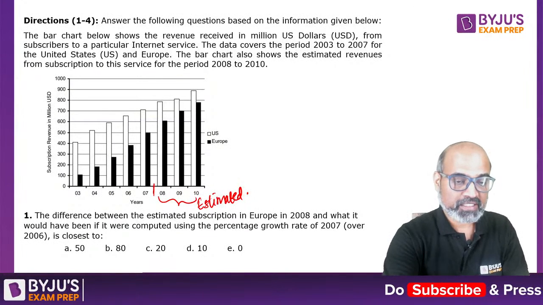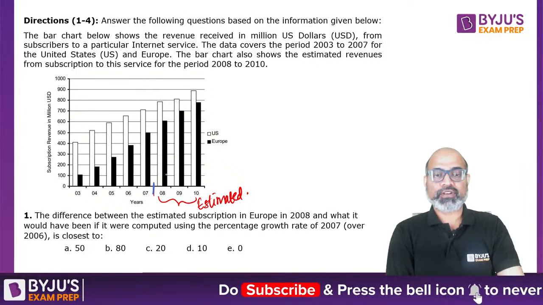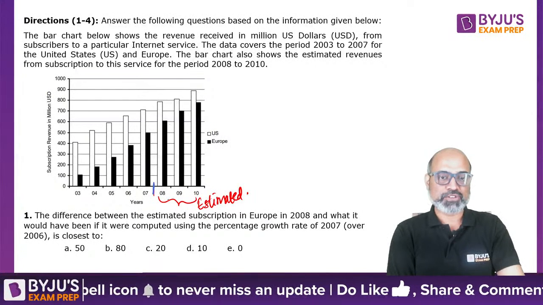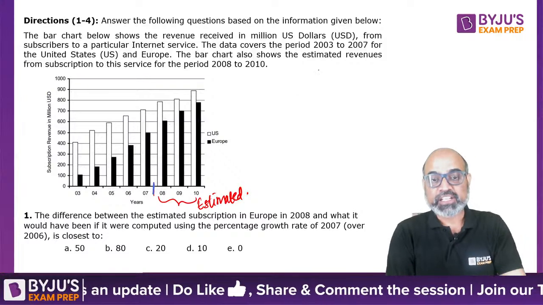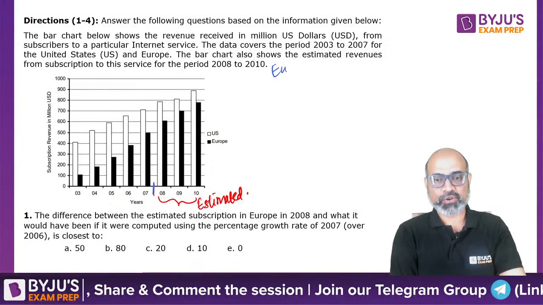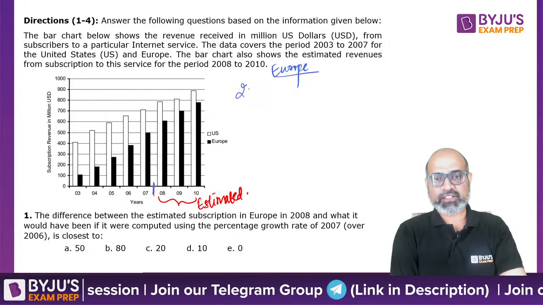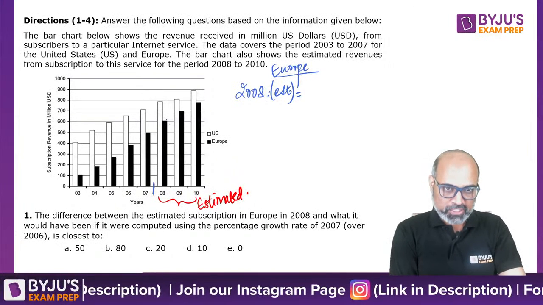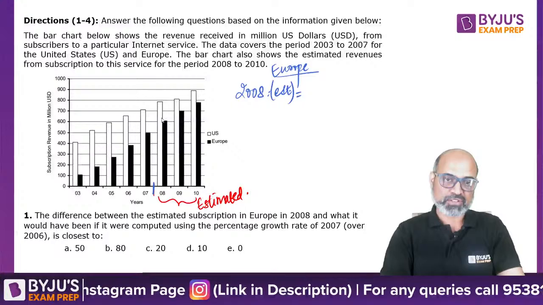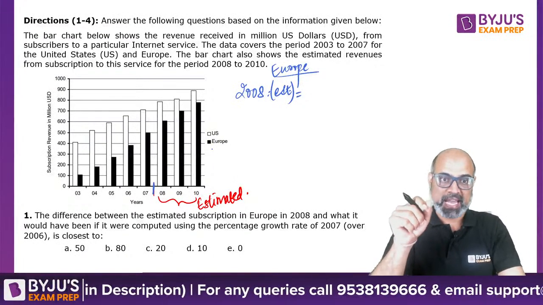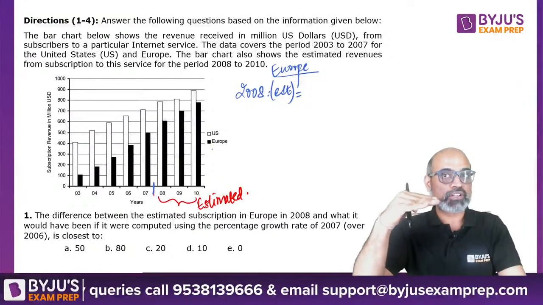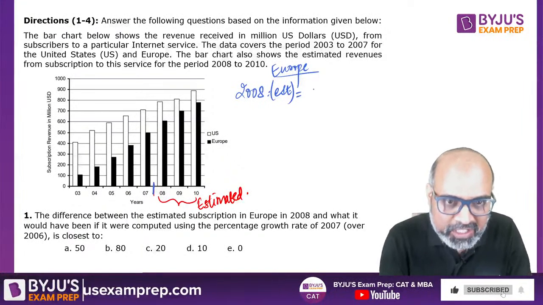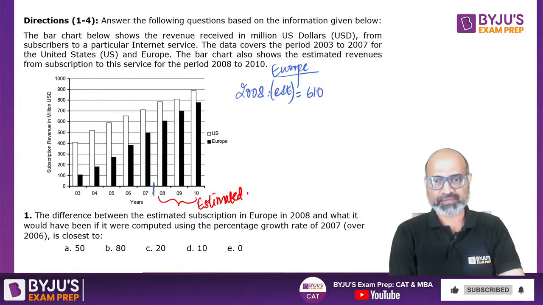Well, the question means that the estimated subscription in Europe in 2008 is given a little over 600. So we are looking at Europe in the year 2008. This is estimated, right? This is given a little over 600. If you watch closely, the Europe bar, the black colored, is not exactly lying on the 600 line, it's a little above it, right? So we can consider that to be what, 605, 610, right?